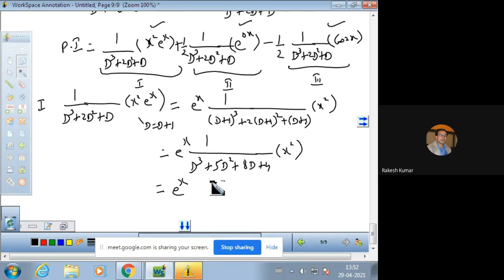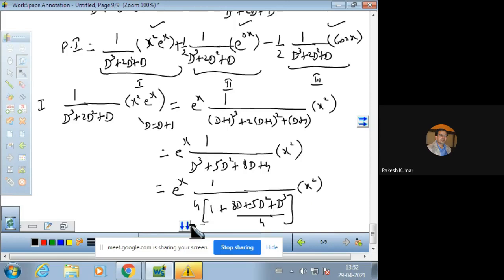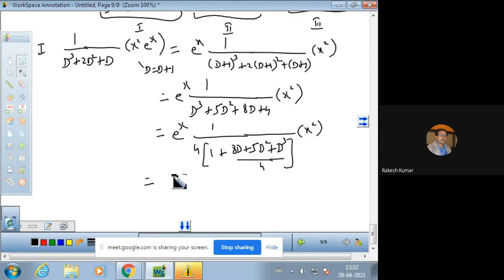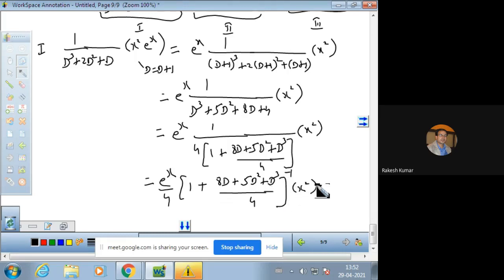So for binomial, you have to take 4 common, and inside you will have 1 plus 8d plus 5d square plus d cube upon 4, close the bracket, into x square. Now let us take the term in the numerator, and you will have 1 plus 8d plus 5d square plus d cube upon 4 raised to power minus 1 into x square.